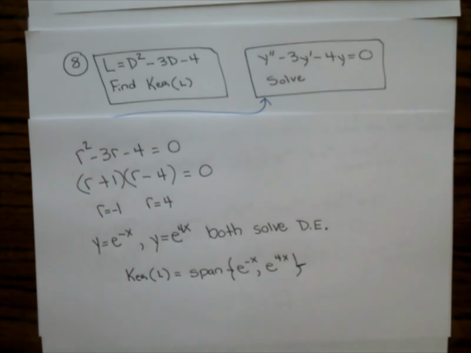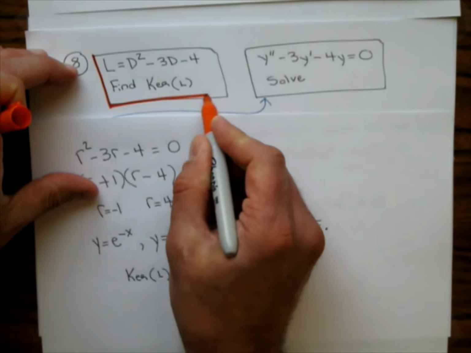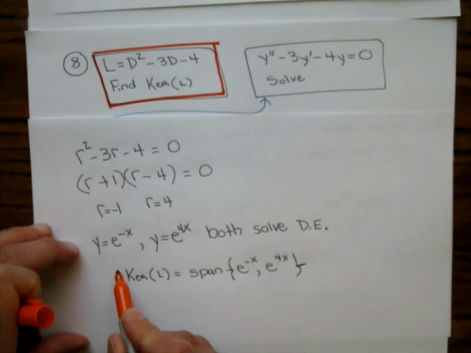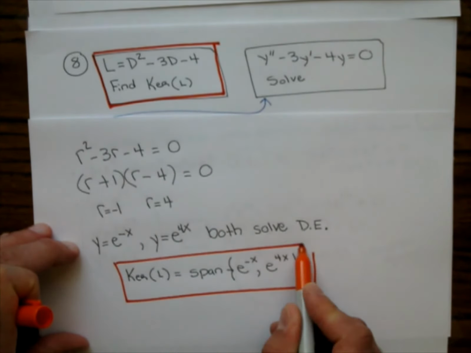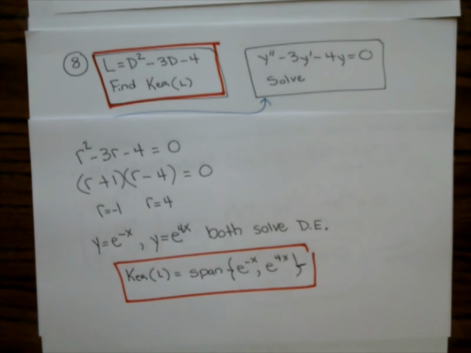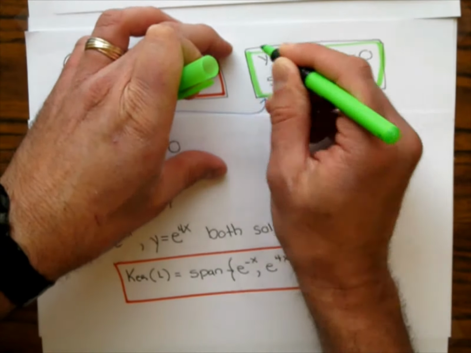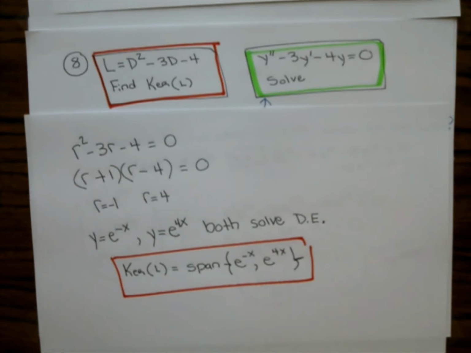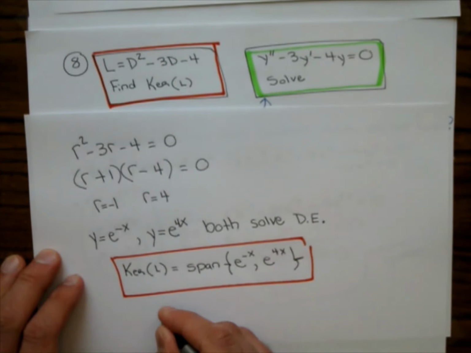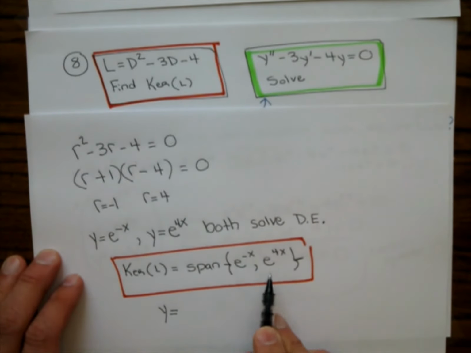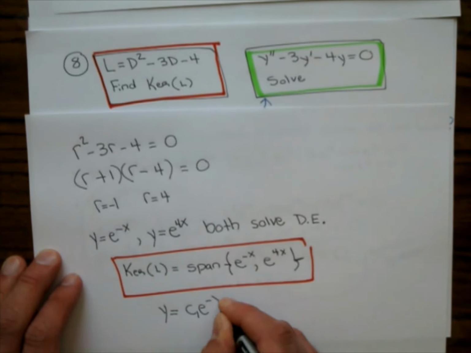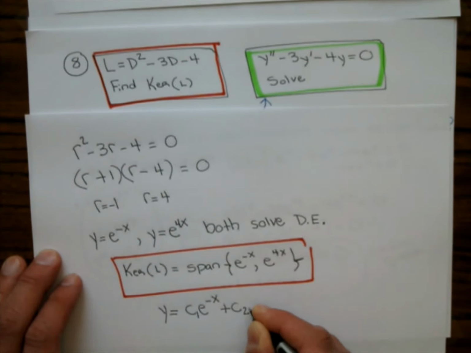And so this guy right here, let me maybe use some colors here. When it's asked like this, then that's the answer right there. But when it's asked in terms of this, solve this differential equation, well, our answer is going to say y equals something. It's going to equal the linear combinations of those: c1 e to the negative x plus c2 e to the 4x.